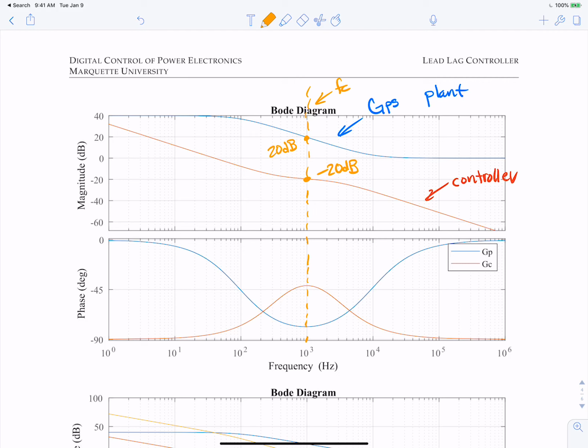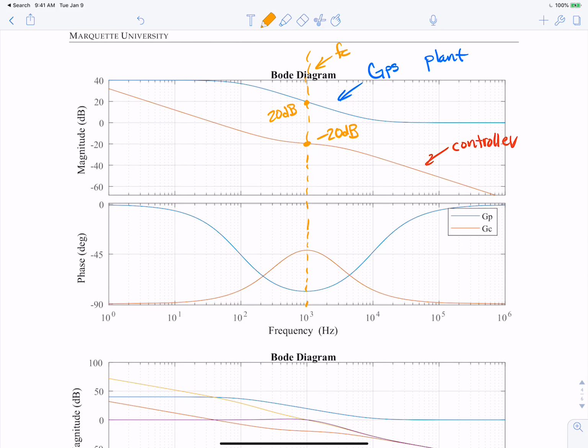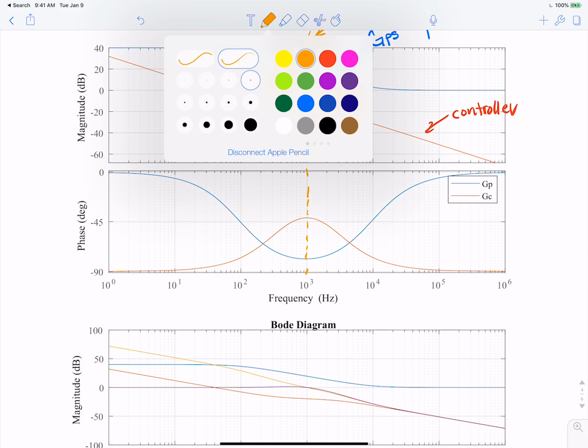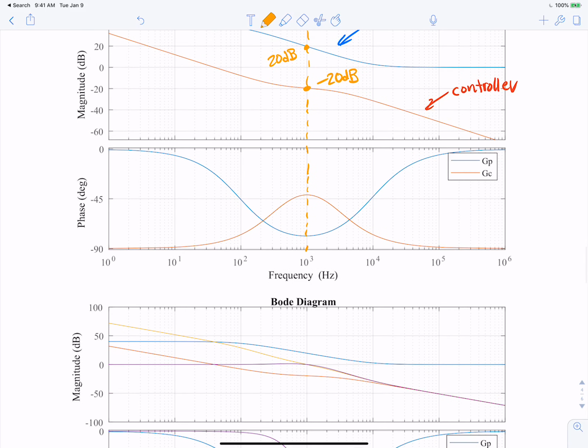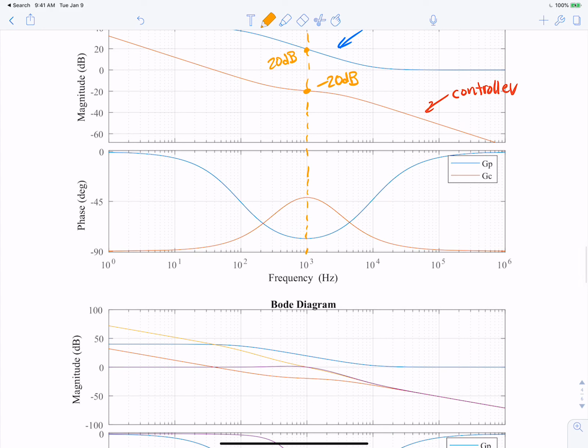We have the proper controller design for pushing the open loop transfer function to cross through a gain of 1 at fc, or 1 kilohertz. Let's also check our phase margin. If we're multiplying, we can simply add the phases. From the controller, let's call this approximately minus 40 degrees, and then this was minus 78 something degrees.